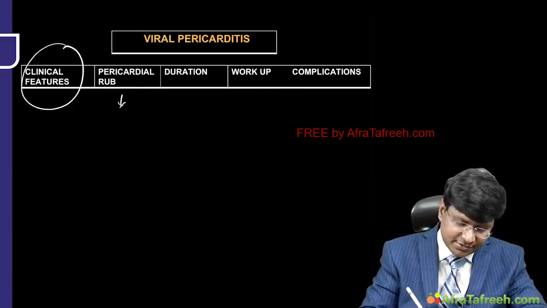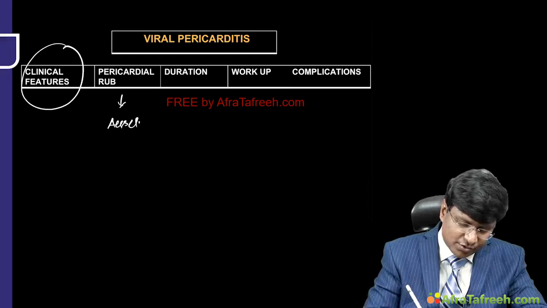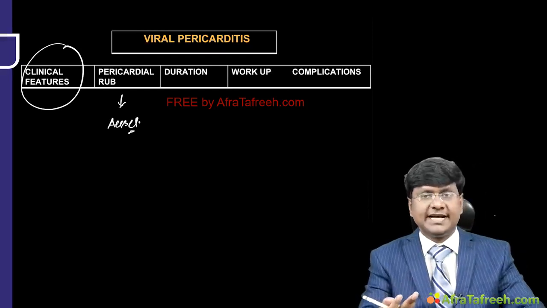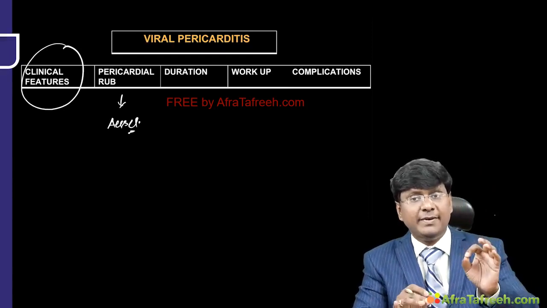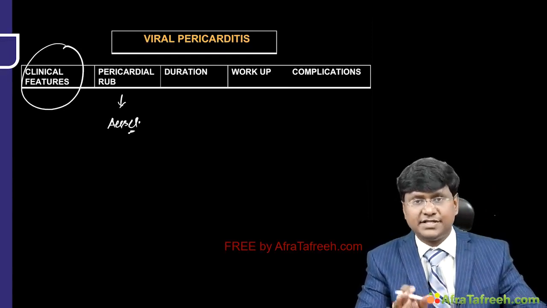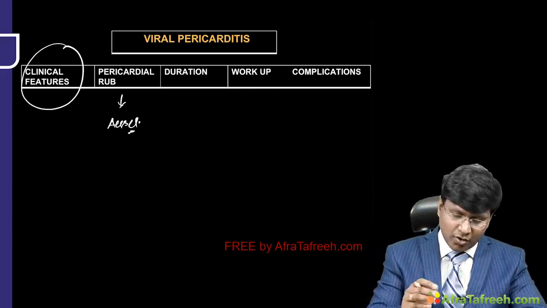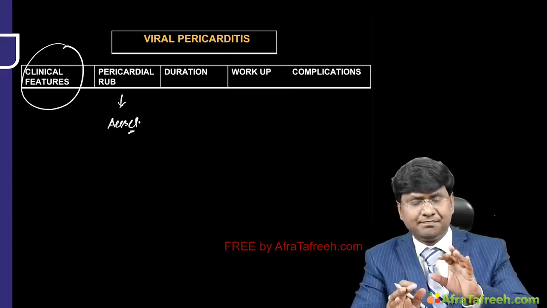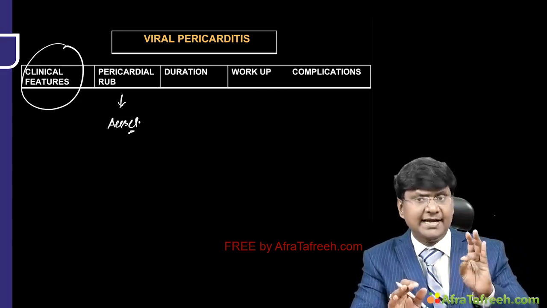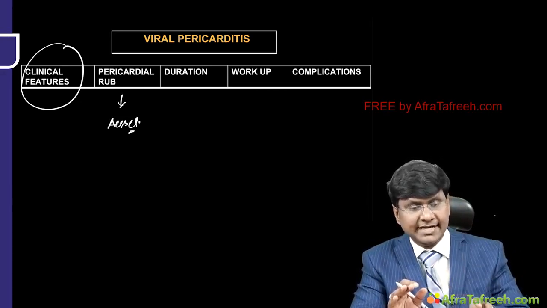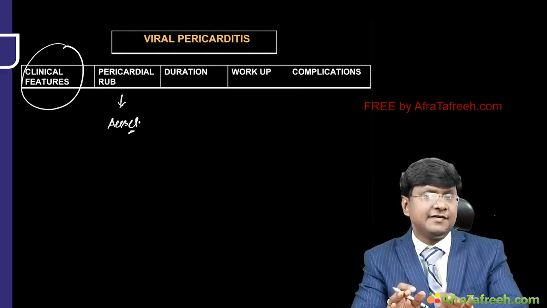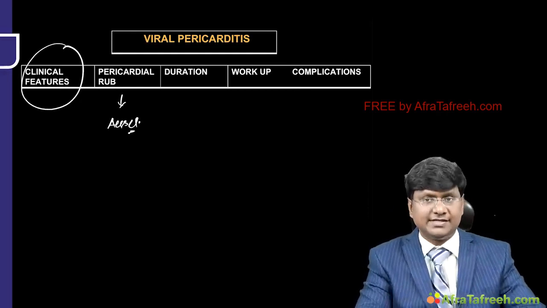On auscultation, in acute pericarditis you have the pericardial rub, and what its character is and how we need to examine, all that we have discussed. And what will be the duration of the chest pain? Fever and precordial pain should be there 10 to 12 days after the presumed viral illness.